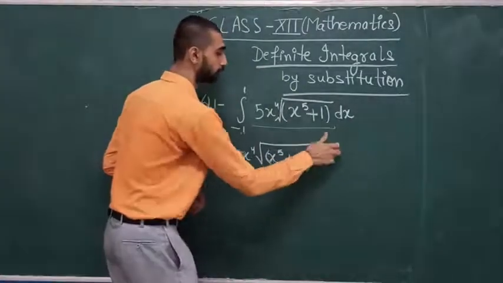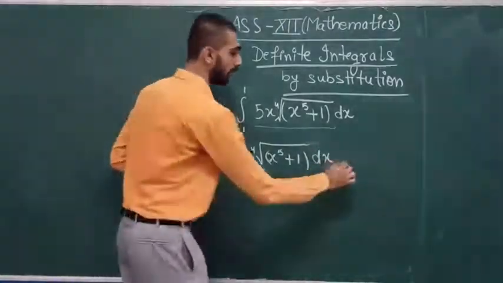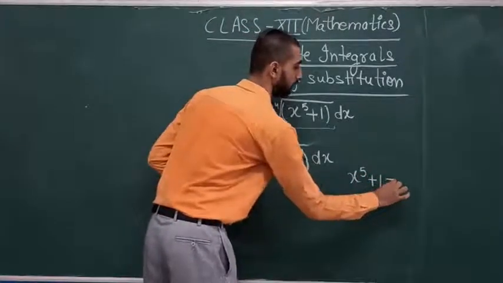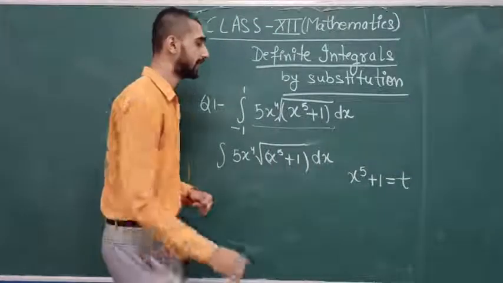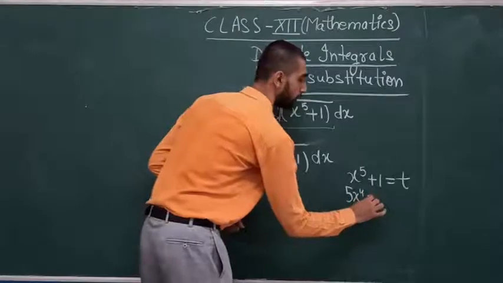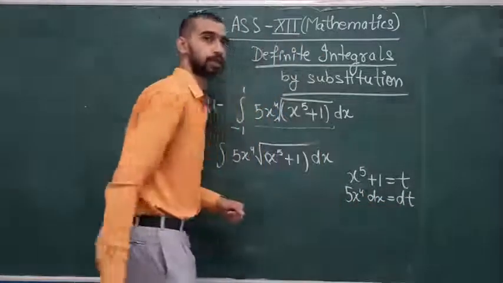What I will do? I will substitute a value. I will put x to the power 5 plus 1 equals t. Differentiating both sides, we get 5x to the power 4 dx equals dt.